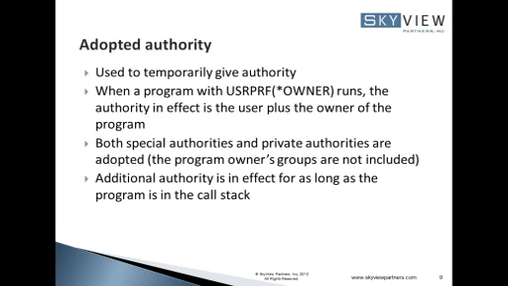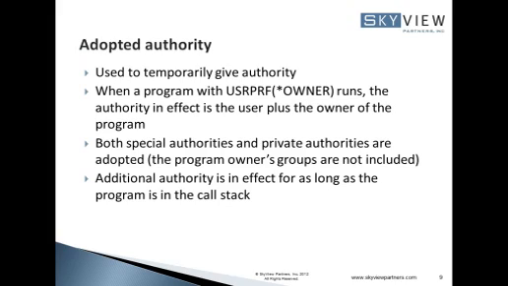So as I was saying before, the methodology that we use to ensure that the application users can still have enough authority to run the application is that we use adopted authority. Adopted authority is an attribute of a program, and it is used to temporarily give authority while the program is running.